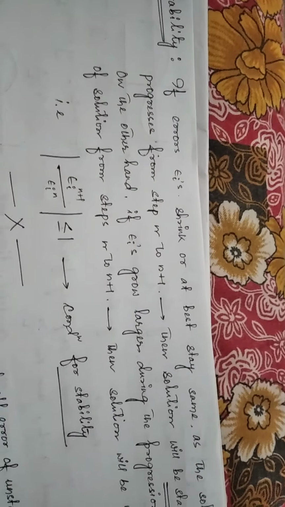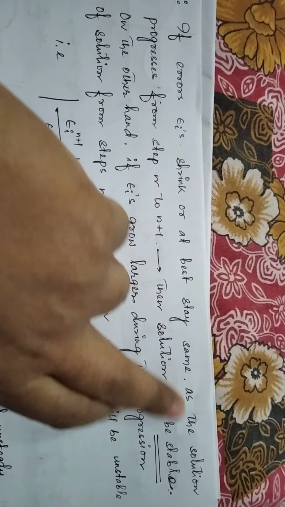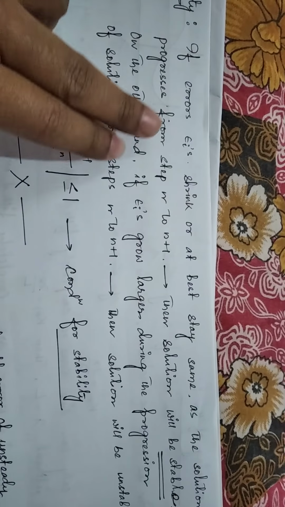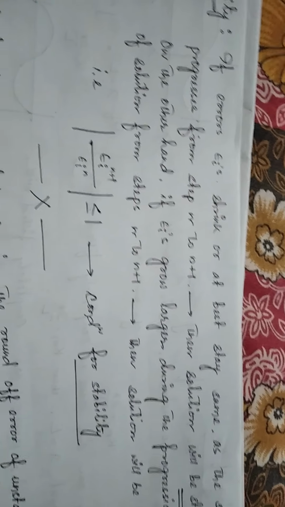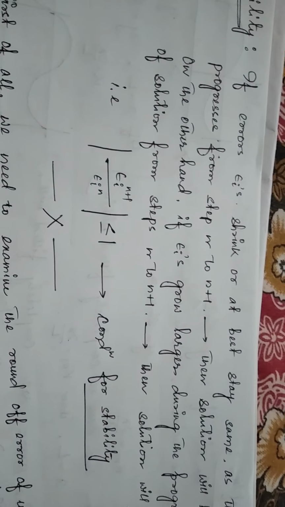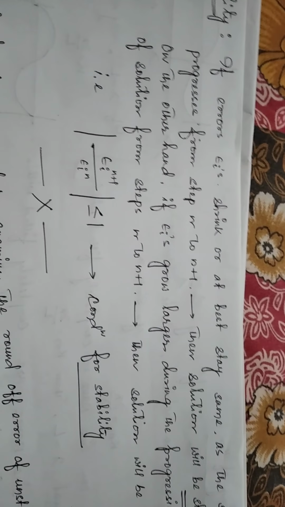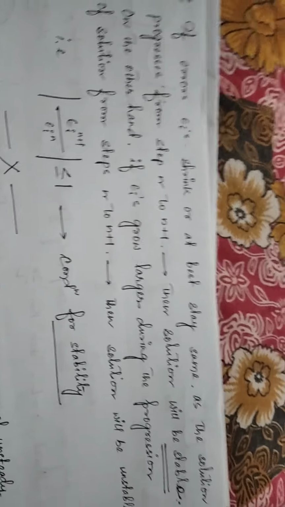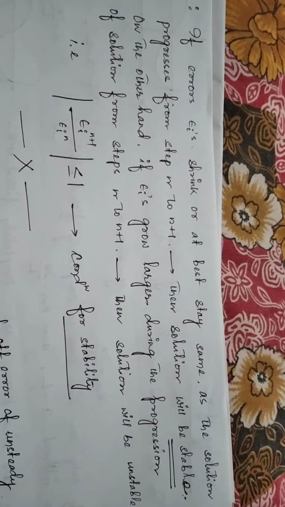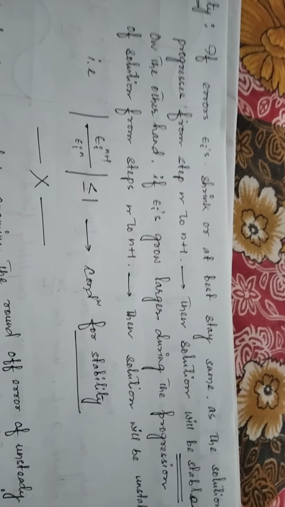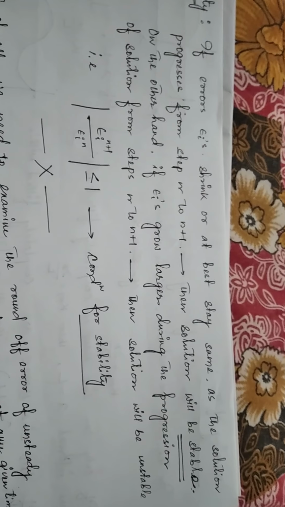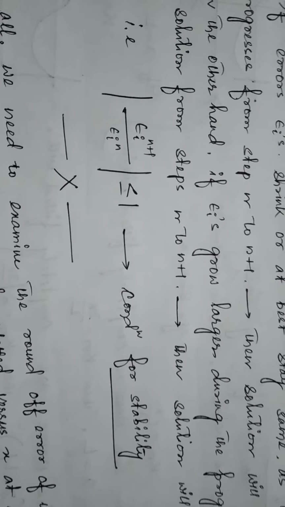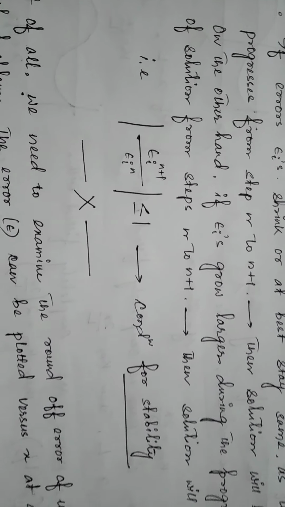If the errors shrink or at best stay the same as the solution progresses from time step n to n plus 1, then the solution is known as stable. Otherwise, if the errors grow with time, it is called unstable. This is the mathematical condition for stability.